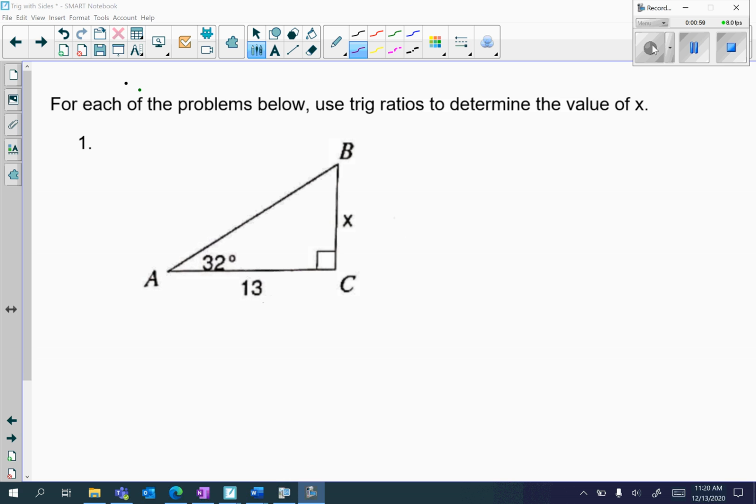For each of the problems below, use trig ratios to determine the value of x. So the first thing I'm going to do is write my acronym SOHCAHTOA. Next, I'm going to determine what my central angle is, which is angle A, 32 degrees.